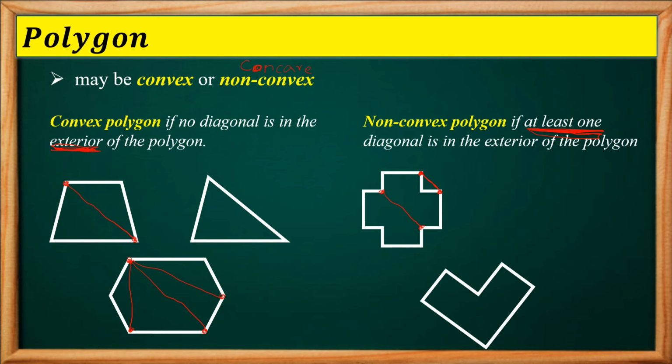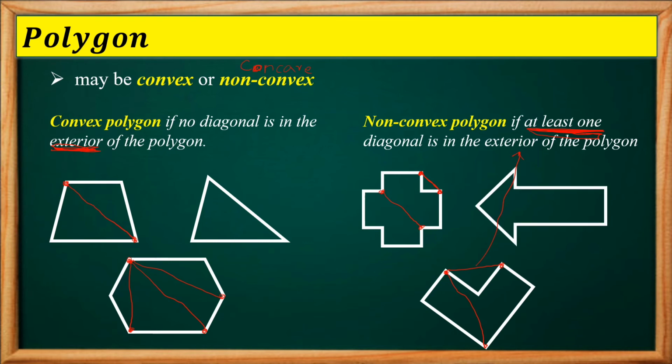Okay, on this part, we will have this point. Then we will draw another point here. Yes, nasa interior. But hindi siya pwede dito. If we will draw a point here, then we will draw a diagonal. It is on the exterior of the polygon. Then directly, this polygon is non-convex polygon.